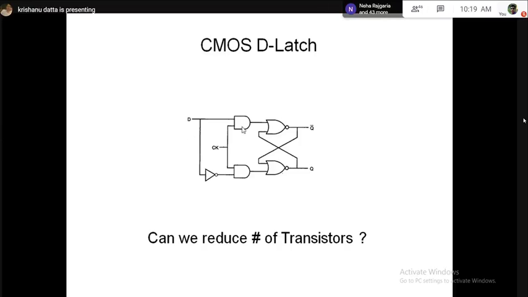Each AND gate is basically a NAND gate followed by an inverter. So a 2-input NAND gate has 4 transistors and the inverter has 2 transistors, so total 6. And the inverter has 2 transistors. So if I add all these transistors, 4, 4, 6, 6, 2, this means total 22 transistors.